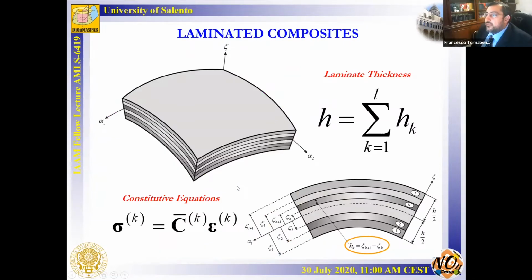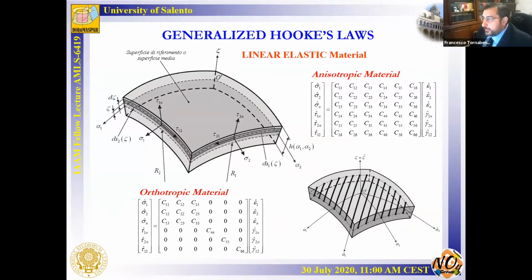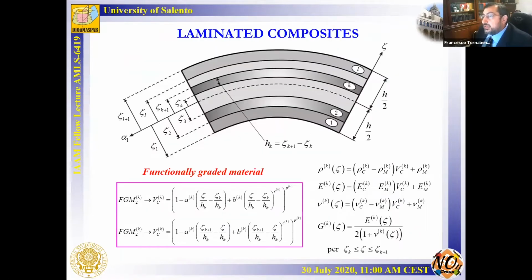After that, we have to introduce the constitutive equation in order to consider laminated composite shells. We refer directly to linear elastic material, and in particular, we can consider anisotropic material with 21 independent elastic constants, the classical orthotropic and isotropic materials, and very complicated materials such as functionally graded material.